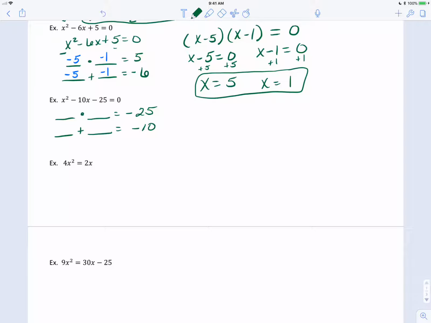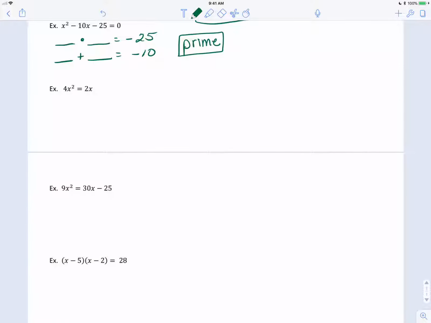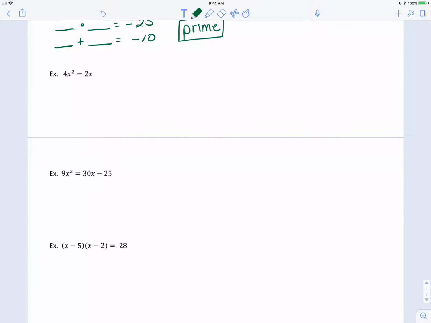There would be 5 times 5, but nothing would be negative 10, because one would have to be positive and one would have to be negative. So if it cannot be factored, remember it is prime. That should be a plus 25, but that's what I wrote.